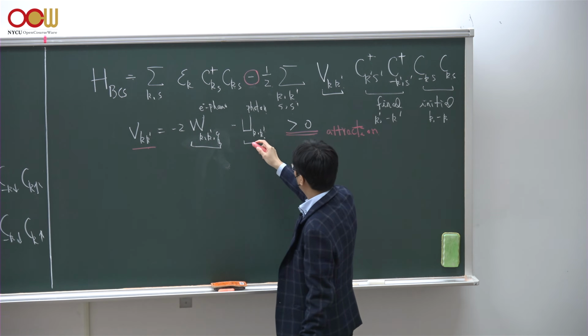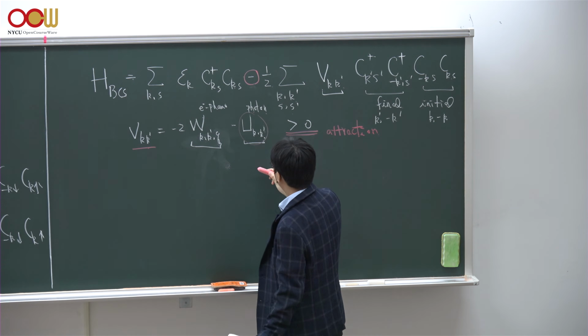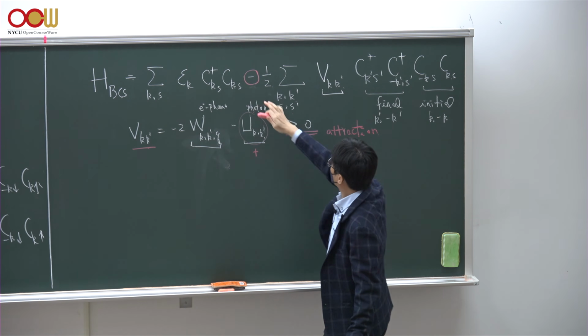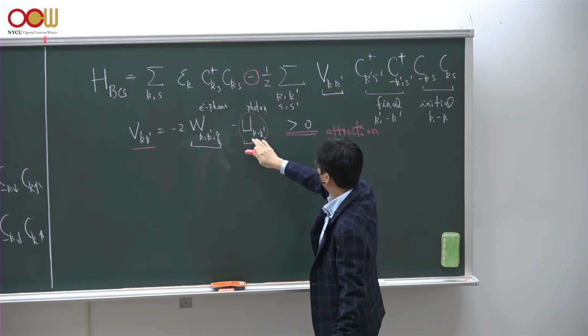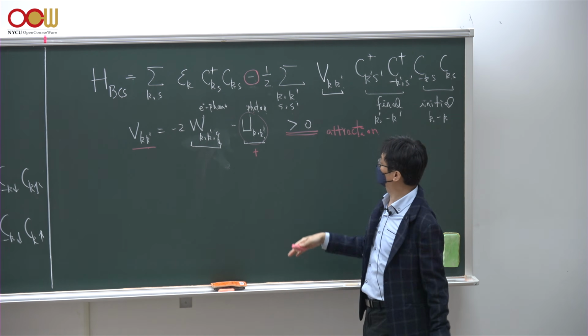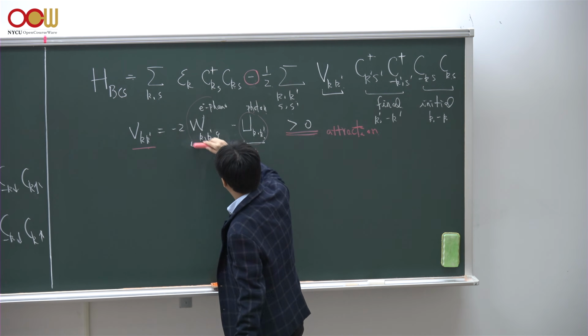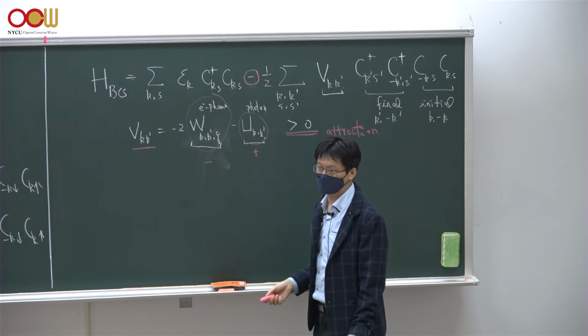Remember, the Coulomb potential is actually repulsive, and as a result this is plus, because it's a minus sign and a minus sign, right? So it's a plus sign, and this U_kk' is the Coulomb term, which is plus. But this electron-phonon-mediated electron interaction is actually minus, because this is attraction, right?